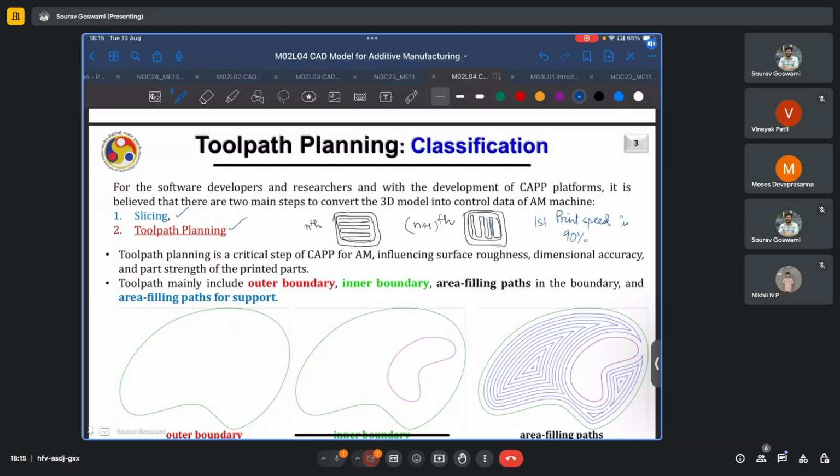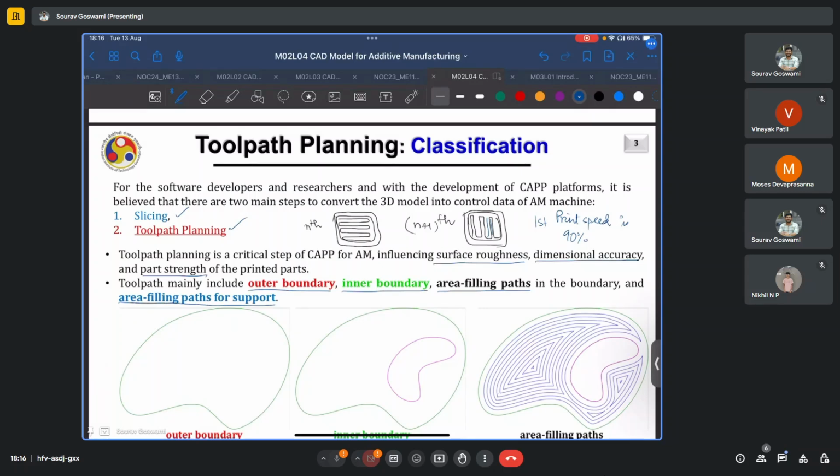Now, toolpath planning is a critical step of comparative process planning for AM, which influences the surface roughness, the dimensional accuracy, and the part strength of the printed parts. And it mainly includes the outer boundary, the inner boundary, the area filling paths in the boundary, and the area filling paths for the support structures.